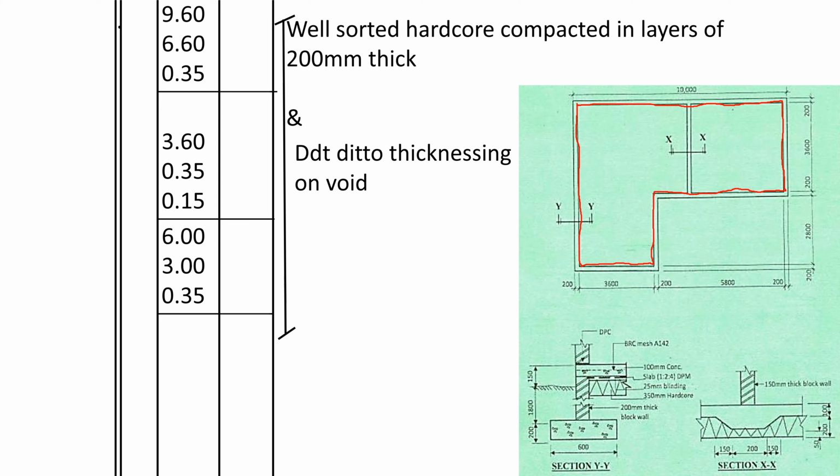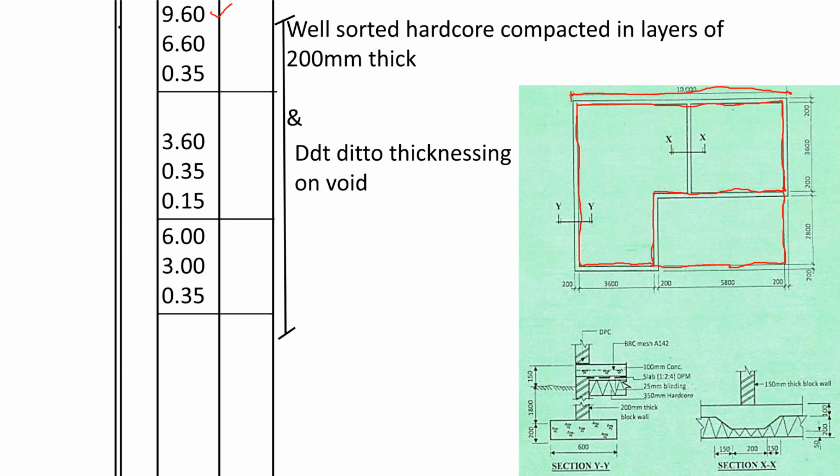Now that I have highlighted where we shall do the hardcore, remember that at first we are assuming this is a full rectangle. So let me show the full rectangle that we are measuring. The full rectangle is 9.60 because this is 10 meters on the outside, the external dimensions.